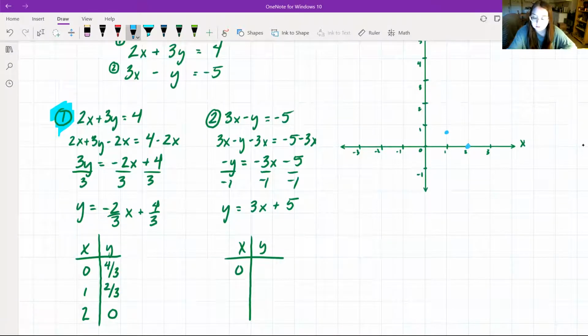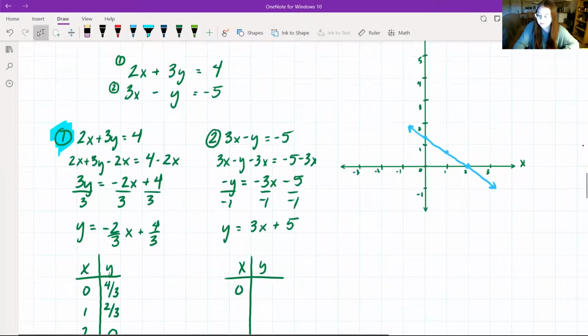So once again, we're just going to estimate our graph. And now we can draw our line through our points. And this line here was originally our 2x plus 3y is equal to 4.